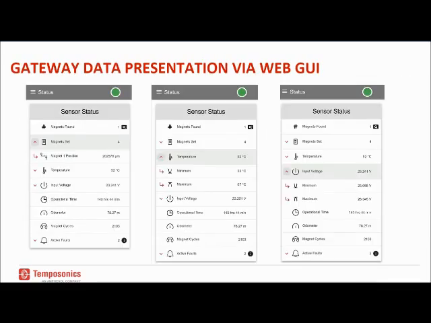So this is a picture of the web GUI that we provide with our gateway. And it shows on the sensor status page, you may not be able to read this clearly, but it shows a multitude of Industry 4.0 parameters that we can interact with. So there's magnet found, magnet set, magnet position, temperature, voltage, operating time, odometer, just like the odometer in your car, and then magnet cycles.